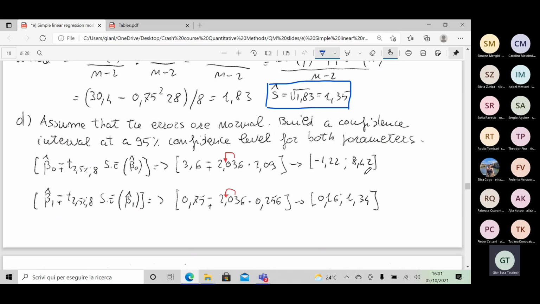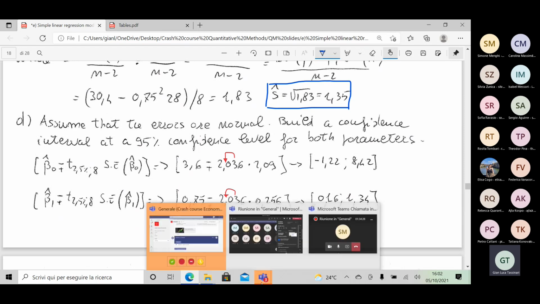Why? Because we have a sample which is really small. Only 10 observations is really small. And so the standard errors are huge, okay? Because n is small. So this standard error, in particular this one, is very huge because n is small. With higher n, the standard error is smaller.